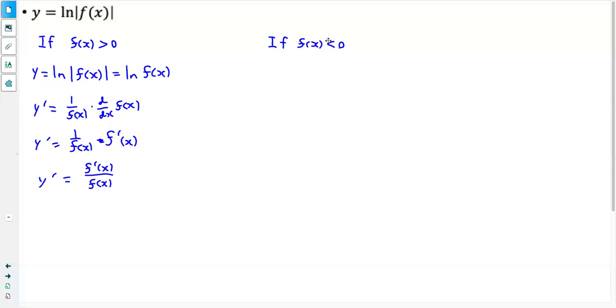Now, if f of x is less than 0, our absolute value is essentially going to be multiplying f of x by -1. So that would make y equals the natural logarithm of absolute value of f of x the same as the natural logarithm of negative of f of x.